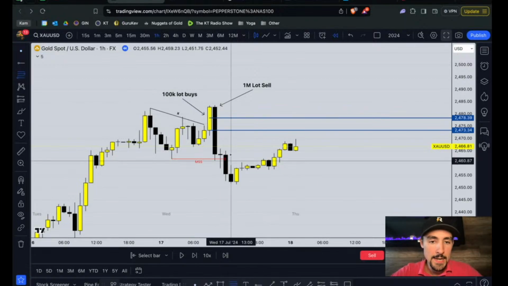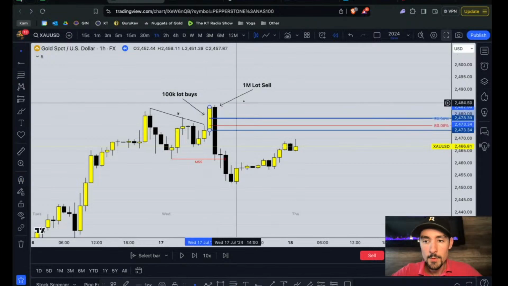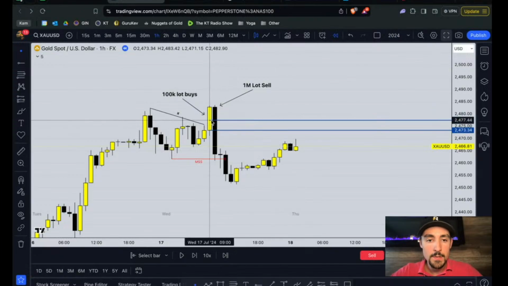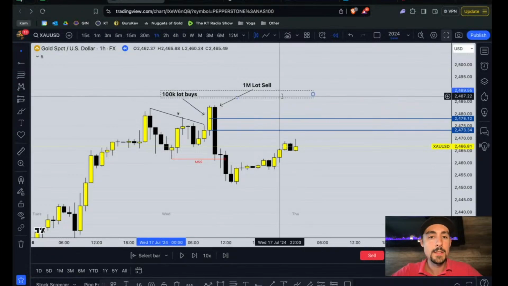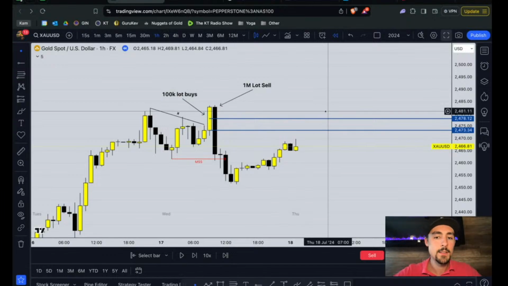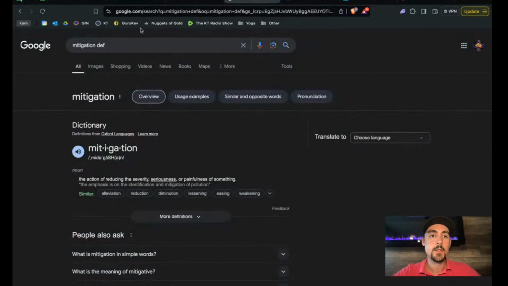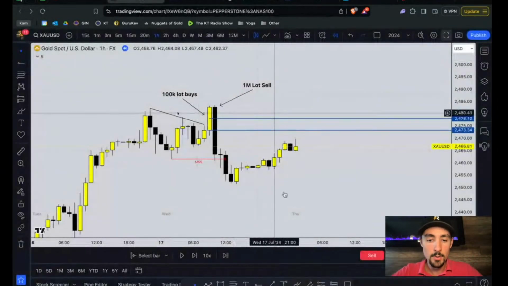If you want to take a fib and be exact with it, you can. Right? For me, I'll usually just kind of eyeball it. But the open to 50%, this is kind of the zone where you would be anticipating price to retrace back into, allowing for that mitigation to take place for price to continue going lower.